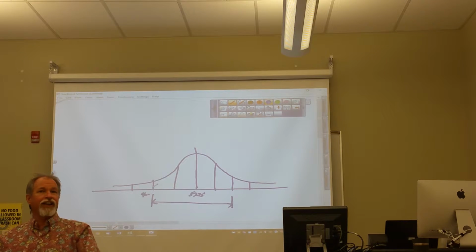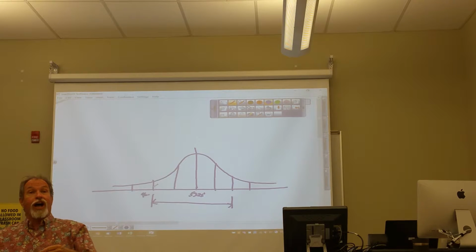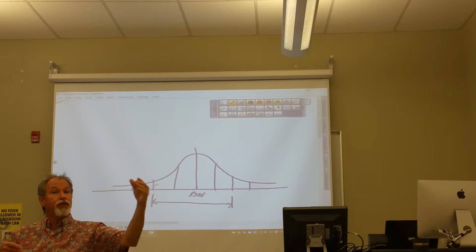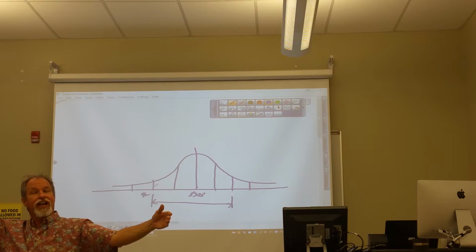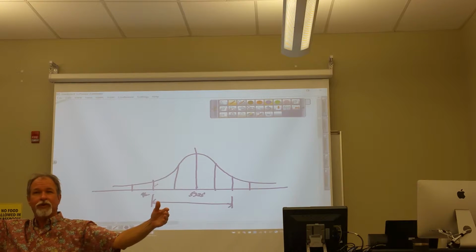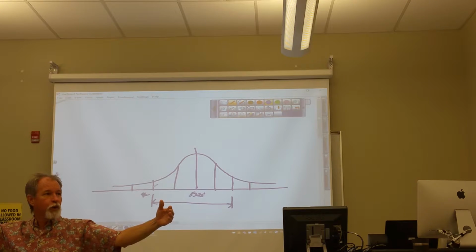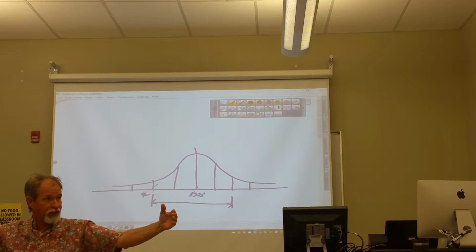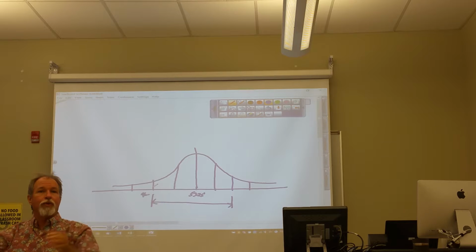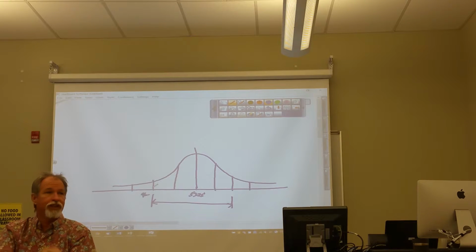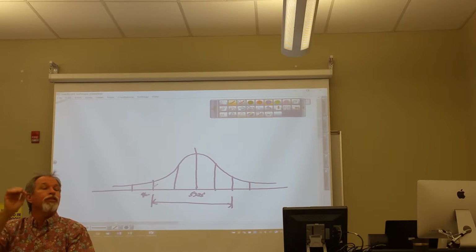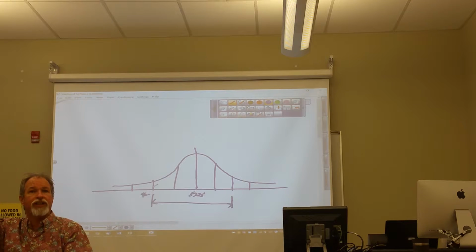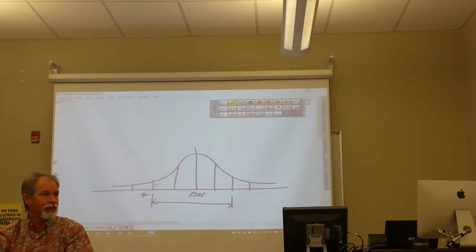And if I said I estimate his weight to be between 162 and 194, I'd be even more likely to capture his weight. So what we start talking about is a point estimate. The mean of the sample is a point estimate of the mean of the population. Chances are not very good.